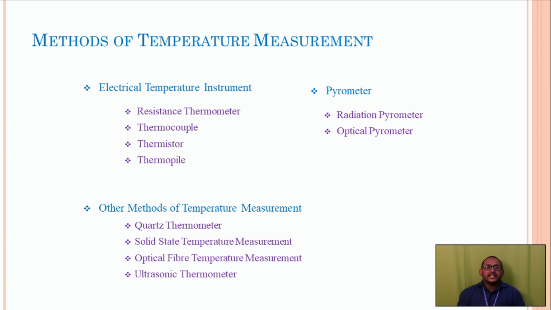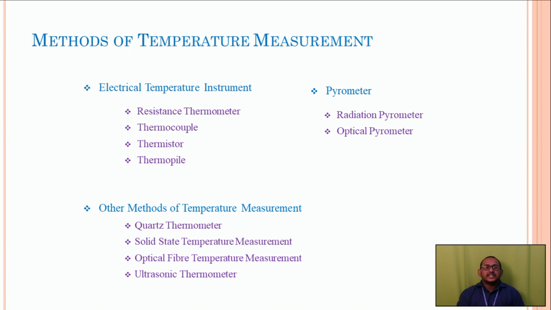First, there is the non-electrical type, the electrical type, the radiation type, and other methods of temperature measurement. In the non-electrical type, the filled system and the expansion type are available. In the electrical type they use RTDs, that is the resistance thermometer or resistance temperature detector, then the thermocouple, thermopile and thermistor.